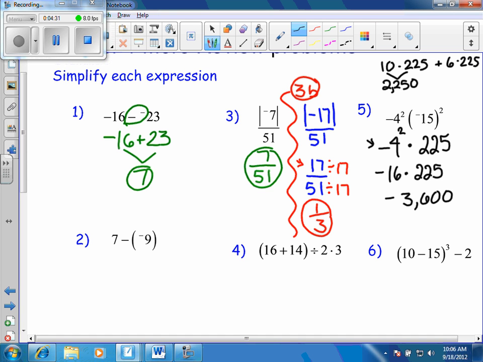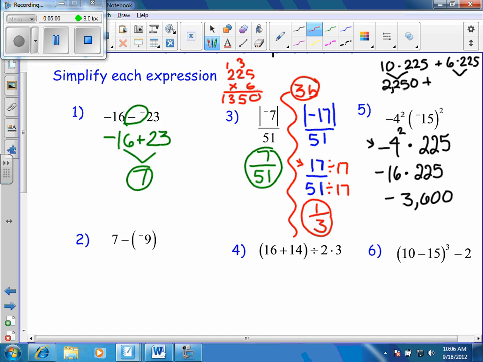So let's work out 6 times 225. You guys want to work that out? 6 times 200. So 225 times 6, we can work it out the long way. 30, 12, 13, 14, 15.